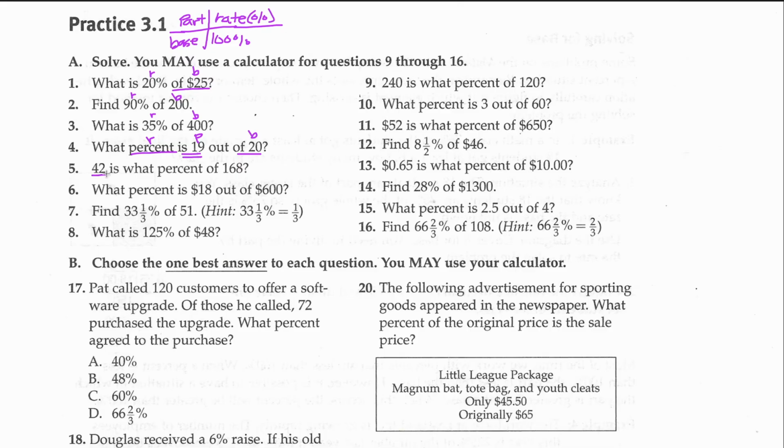Number 5: 42 is, that's going to be the part. What percent? I don't know the rate. Of 168: after the word of, that's the base, which is B. Number 6, what percent?